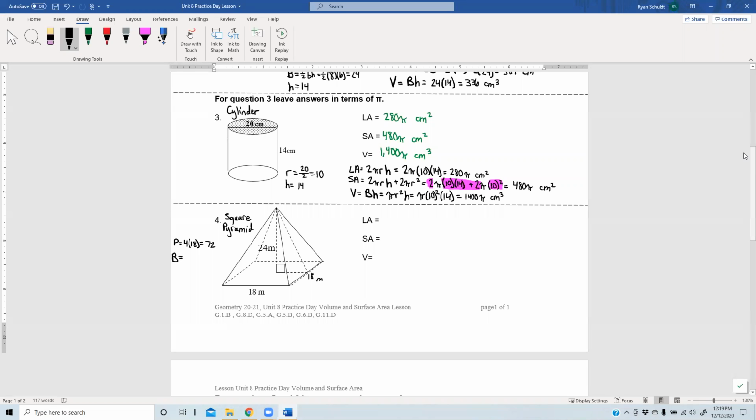So that's big B. I have 18 squared, which is 324. Then we're going to need the height. Did they give that to us? They do. 24 is our height, but they do not give us slant height.